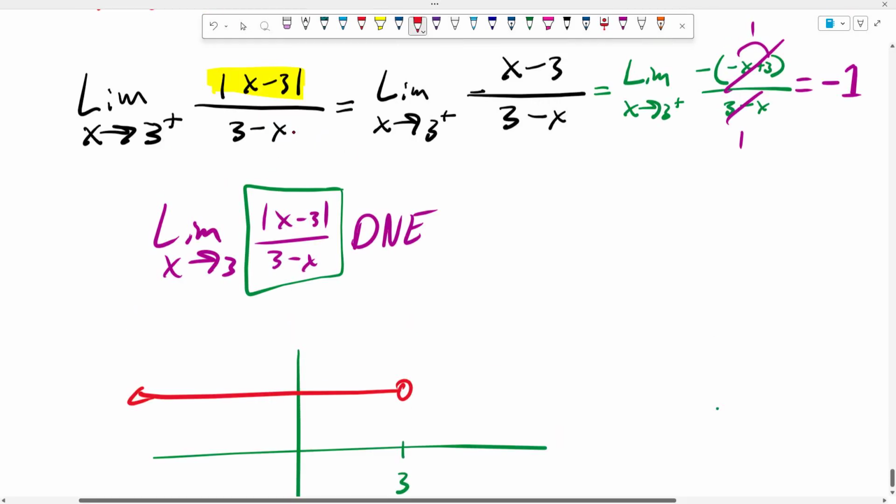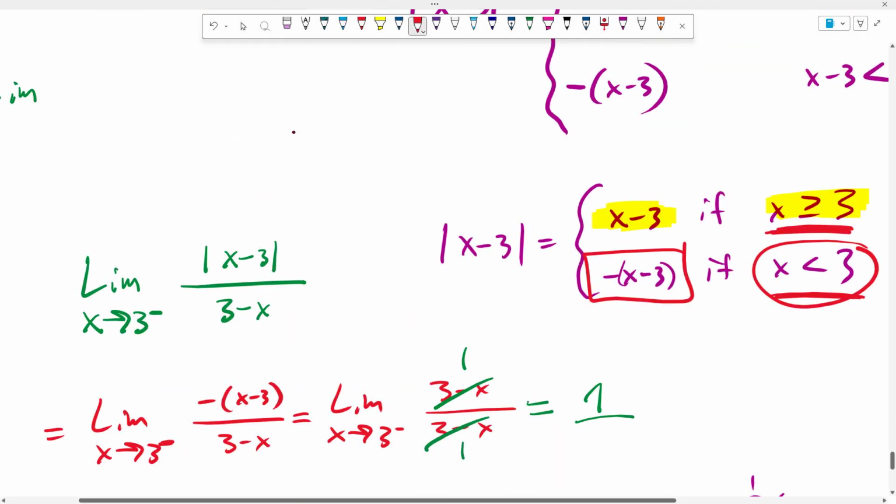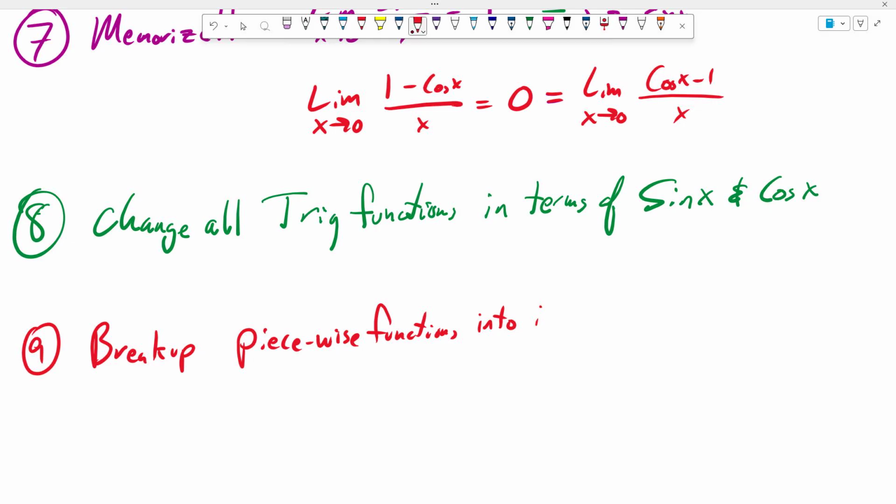Okay, and especially involving an absolute value. Anything involving an absolute value is a piecewise function.